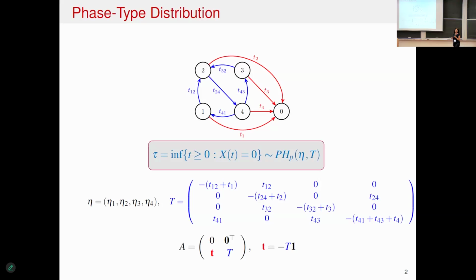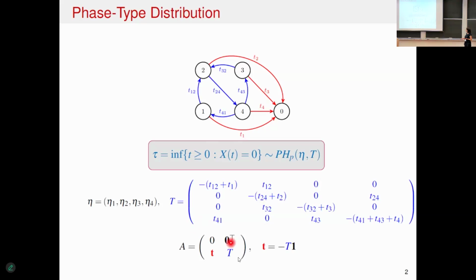In 1975, Marcel Neuts, the founder of this workshop, gave the structure and mathematical background for a phase type distribution in terms of a new matrix A, whose first row is all zeros, showing that the process from the absorbing state doesn't go to any other states.